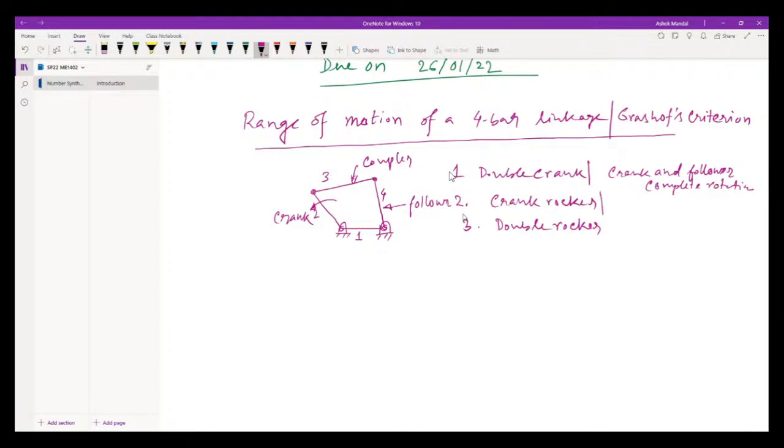Okay, for crank rocker, one will oscillate and one will rotate 360 degrees. One of the links, 2 or 4, not both, will rotate completely, and the other link will oscillate.